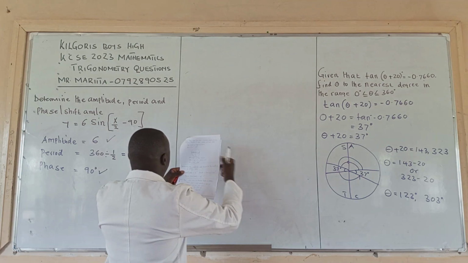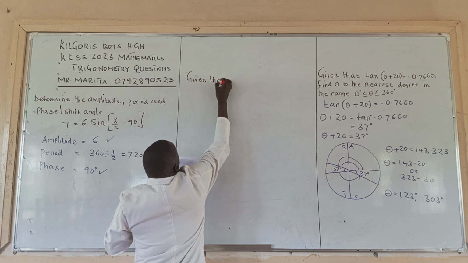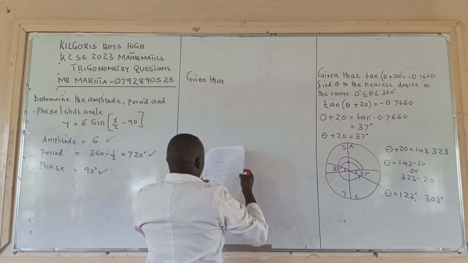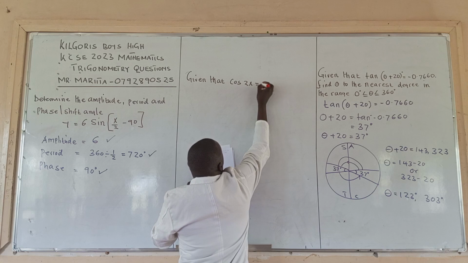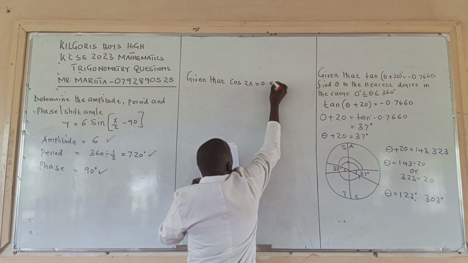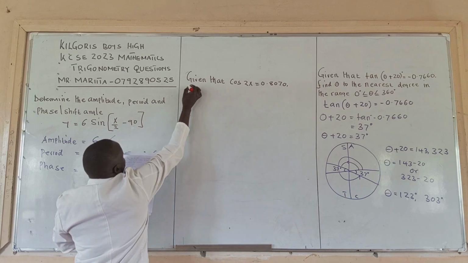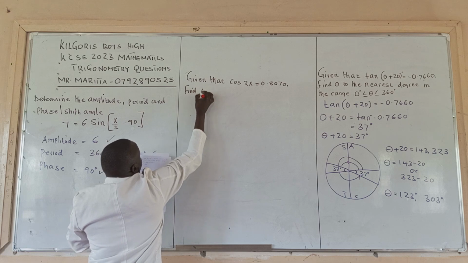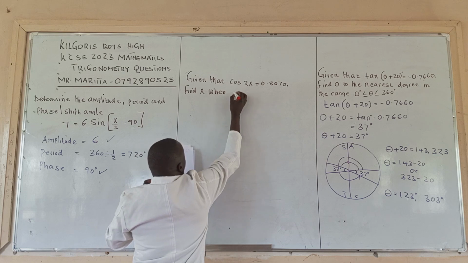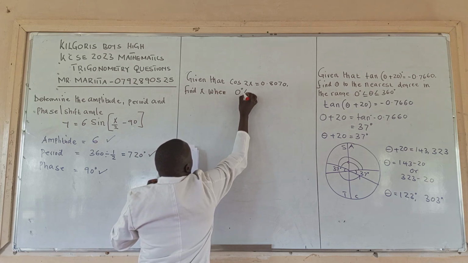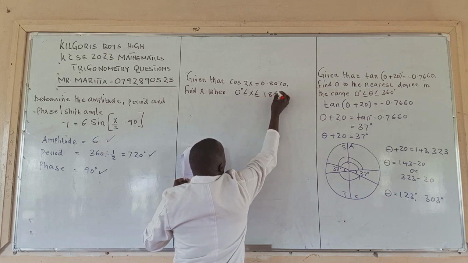Given that cos 2x is equal to 0.8070, find x when x is between the range 0 degrees and 180 degrees.